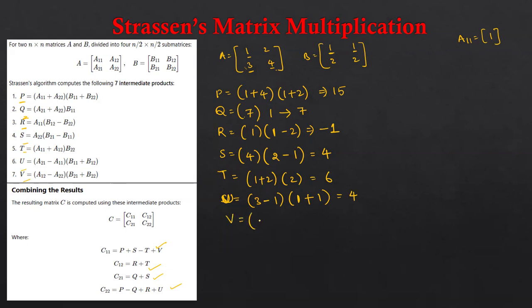Now we need to calculate V. What is V? A12 minus A22, which is 2 minus 4, into B21 plus B22, 2 plus 2. So minus 2 into plus 4, minus 8. Now I calculated P to V values.